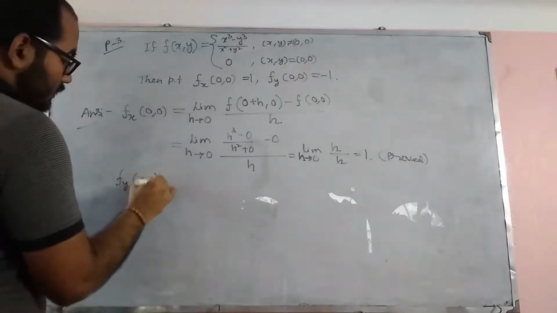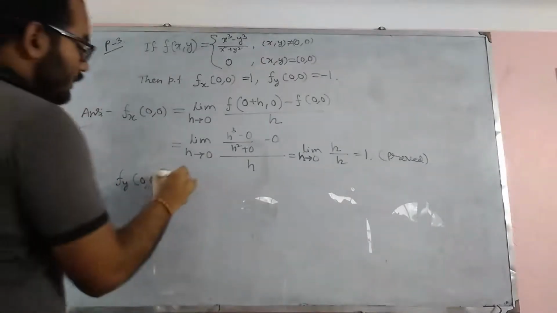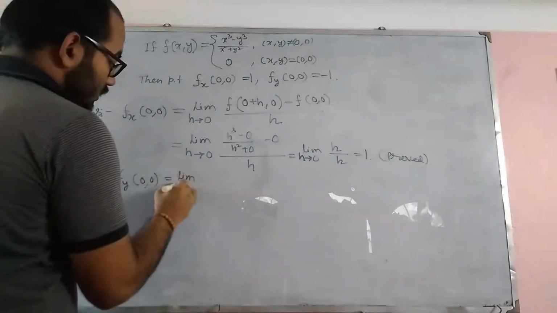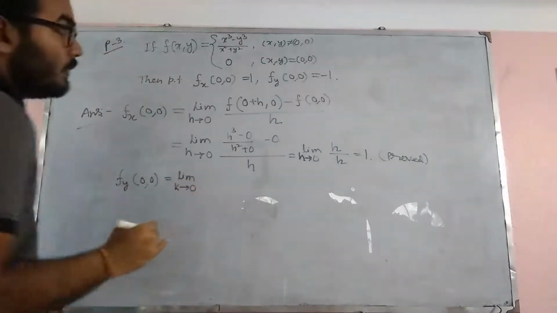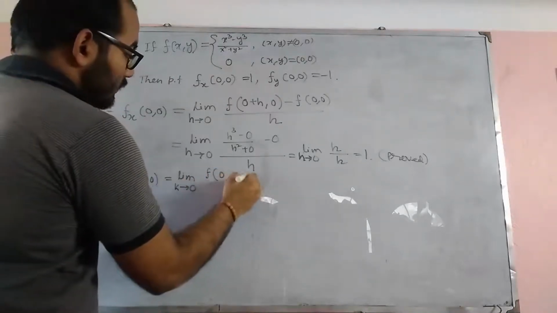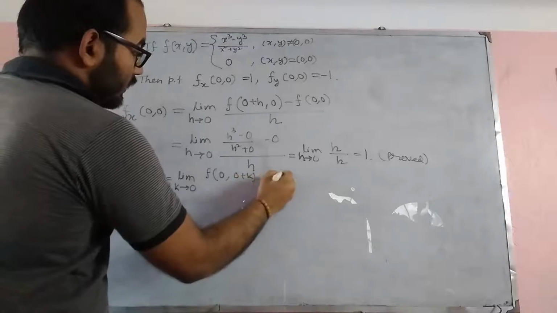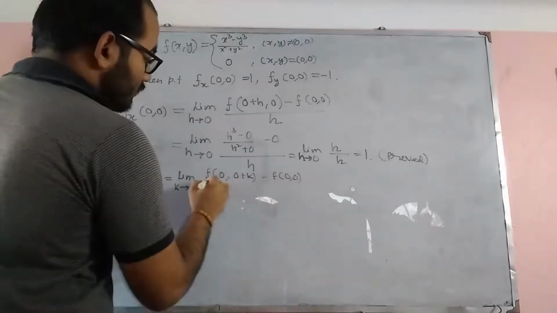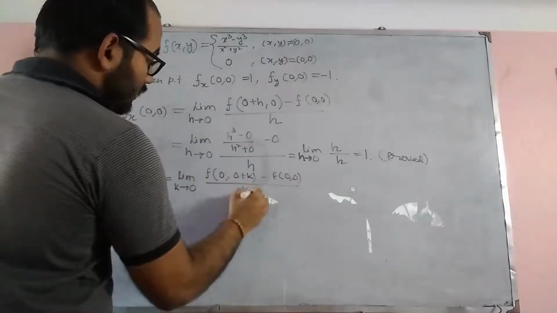Now fy of 0 0. See, limit k tends to 0 of f of 0 comma 0 plus k minus f of 0 comma 0 by k.